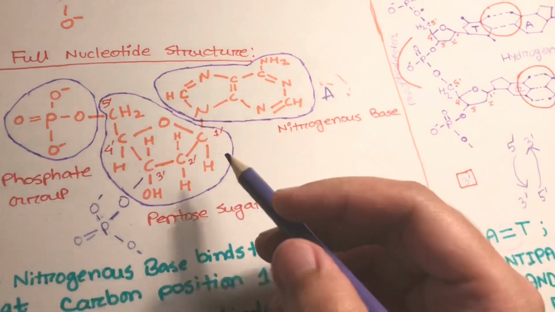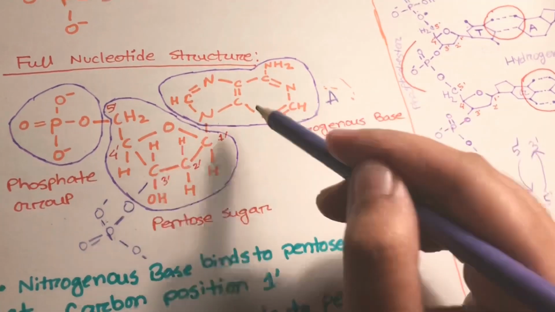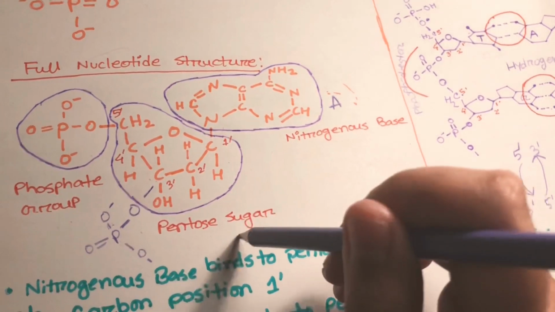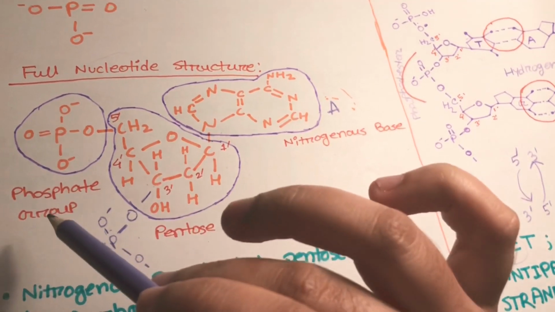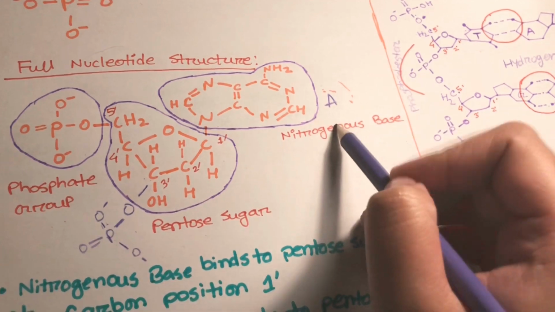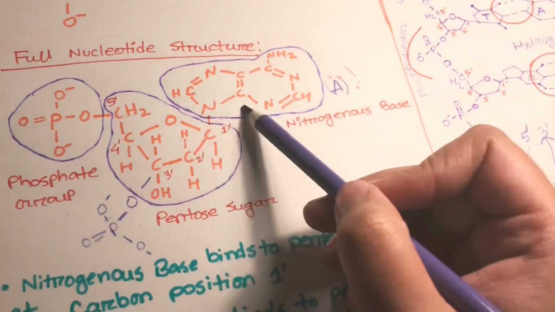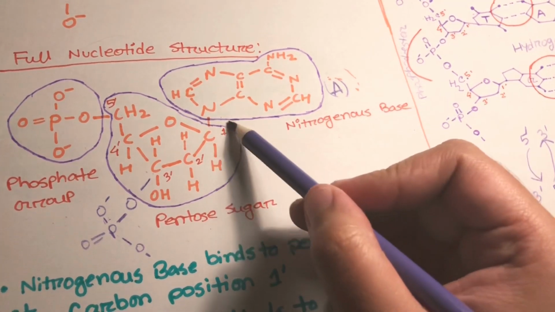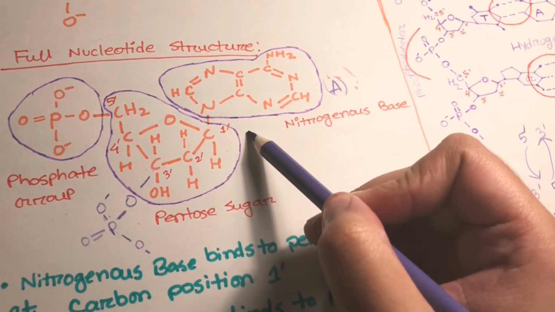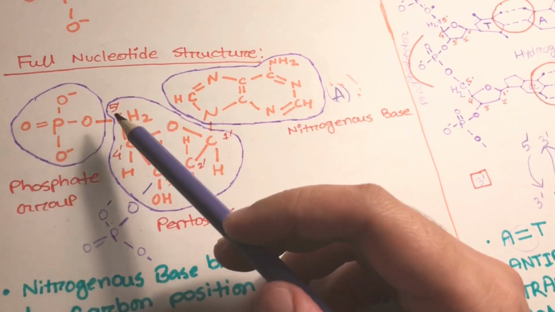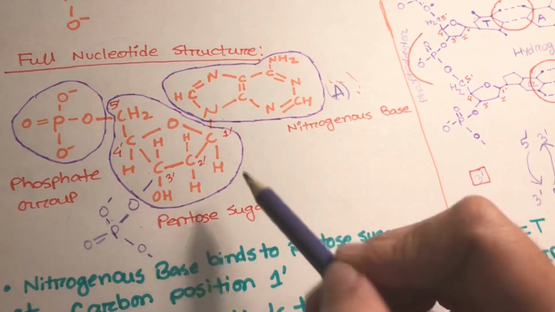Here we have adenine as our nitrogenous base, which joins the first carbon of the pentose sugar, and the phosphate group joins to the 5th and the 3rd carbon of the pentose sugar.